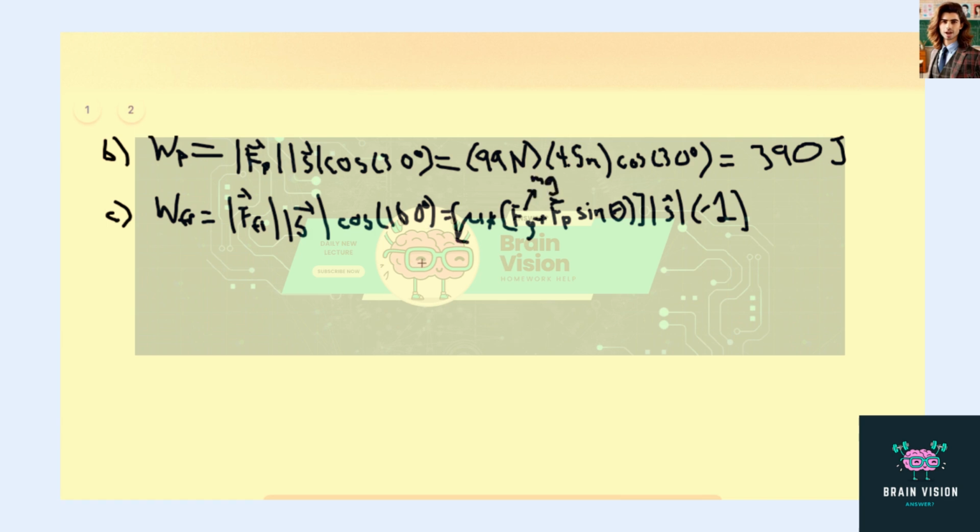So we can start filling in some things here. Fg is going to be mg. So work due to friction will be 0.25, the coefficient of friction, times 30 kilograms times 9.8 meters per second squared, plus our pushing force, the magnitude of that, which was 99 newtons, times the sine of 30 degrees.